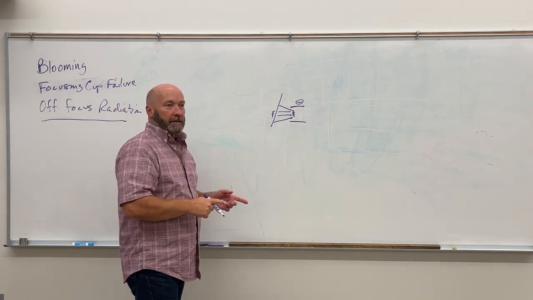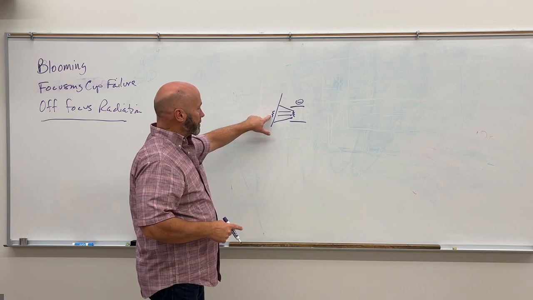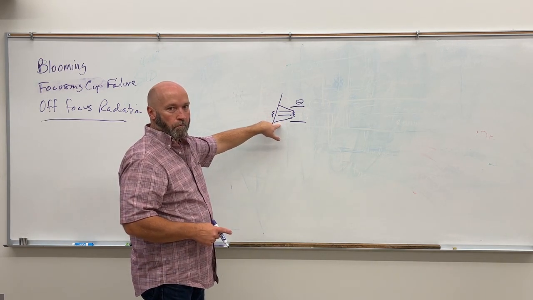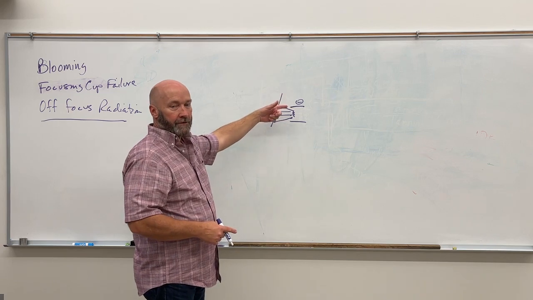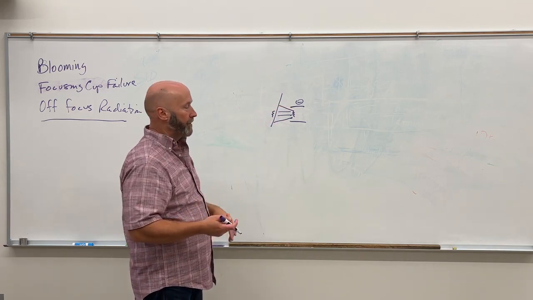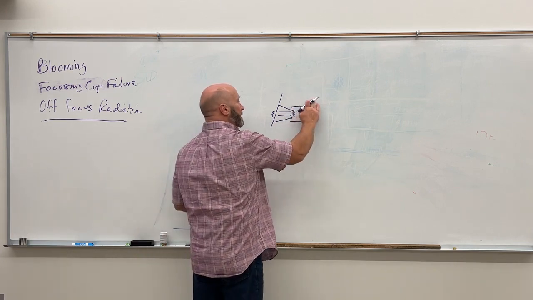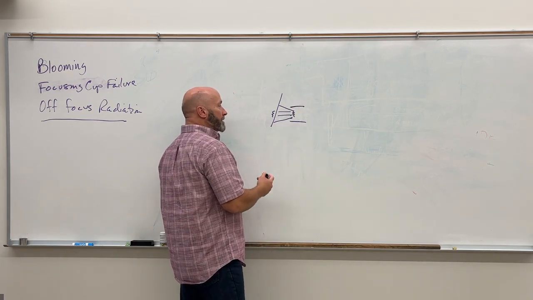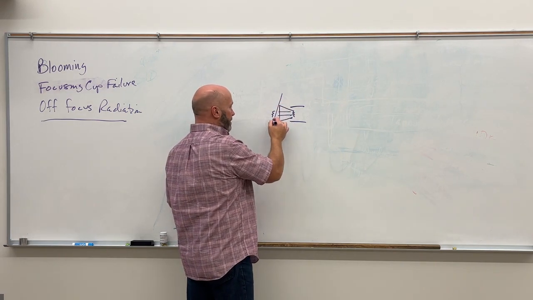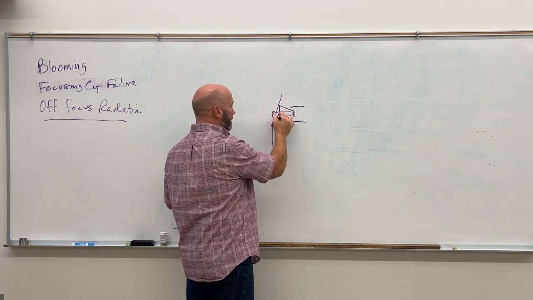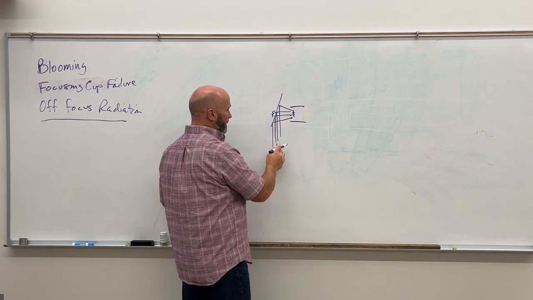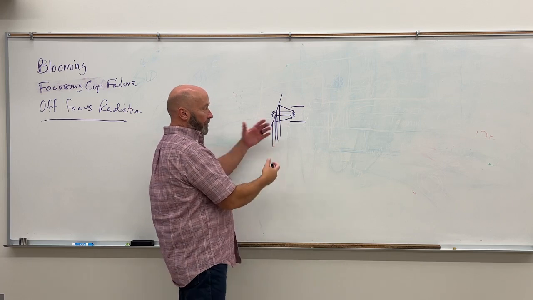Now here you're going to have a tendency to say, well, if this is a focal track and they're interacting out here, that's off-focus radiation. I 100% would agree with you, but we're not going to call it off-focus radiation. In this case, if the focusing cup loses its negative charge, you're going to get a loss of sharpness for recorded detail, but we're going to say that that's just loss of recorded detail because we've got a failure of the focusing cup.